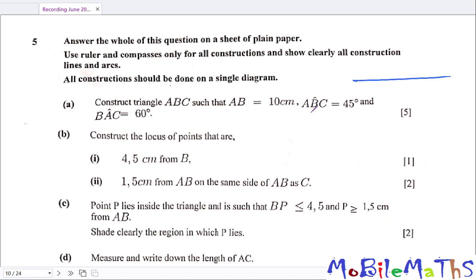Then they say angle at B is 45, so I can have this as my A, have this as my B. Angle at B is 45 degrees, so here should be 45 degrees. Then they say angle BA, meaning angle at A is 60. So I will have something like this and have my 60. Then we go to C. So let's construct, and you are getting yourself 5 marks for that.